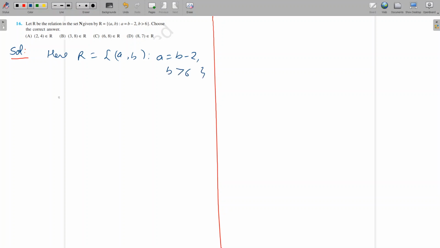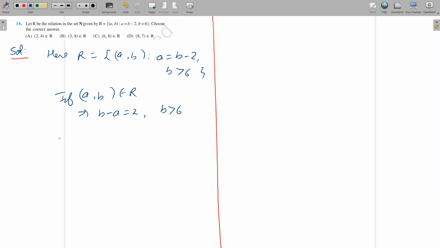We have to select the correct answer. So if (a, b) belongs to R, then this implies that b minus a is equal to 2, and also b must be greater than 6.